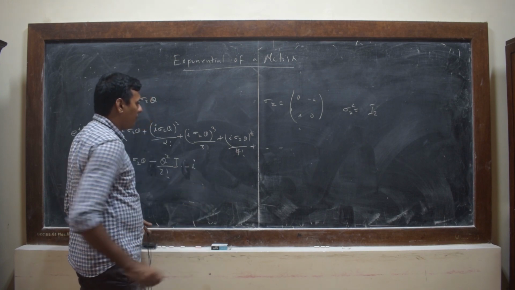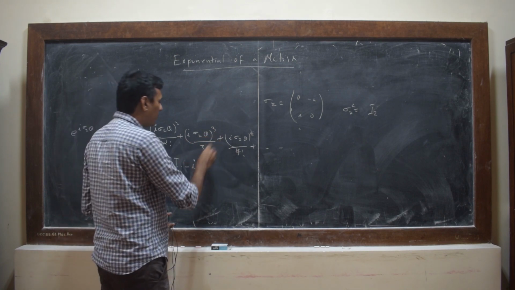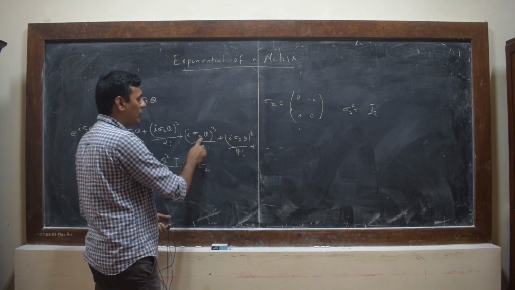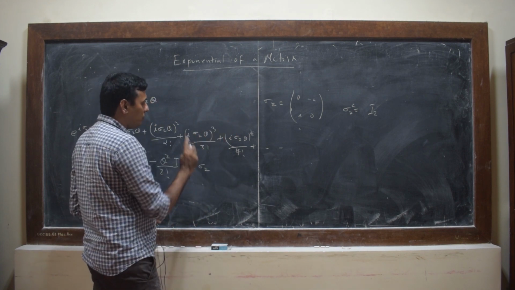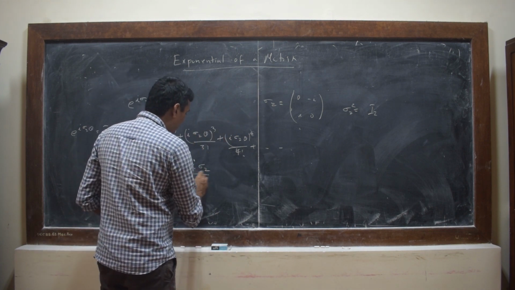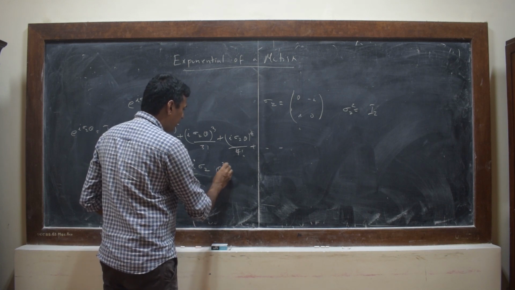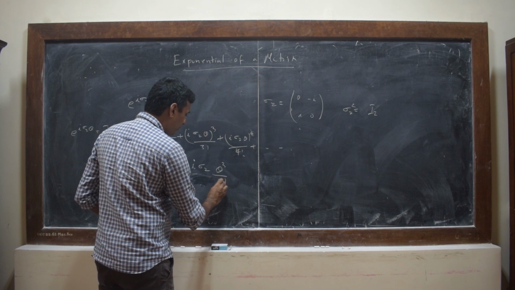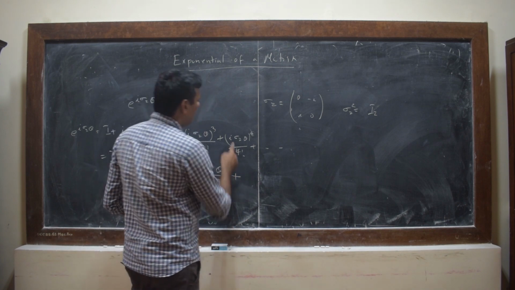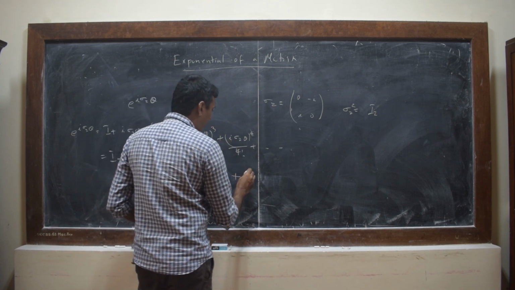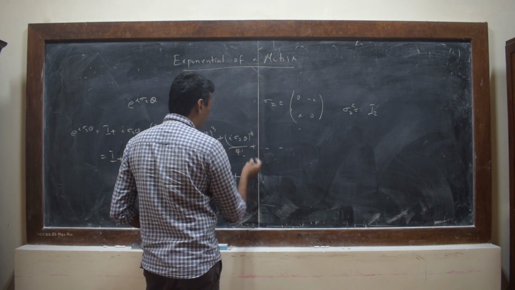So minus i sigma 2 cube will be sigma 2, because sigma 2 square is identity, so sigma 2 cube will be sigma 2, divided by 3 factorial, sigma 2 into theta cube divided by 3 factorial, plus i raised to 4 will be 1 and sigma 2 raised to 4 will be identity.